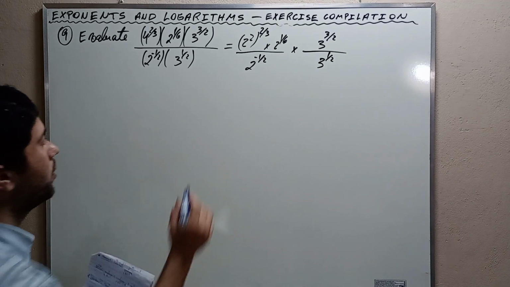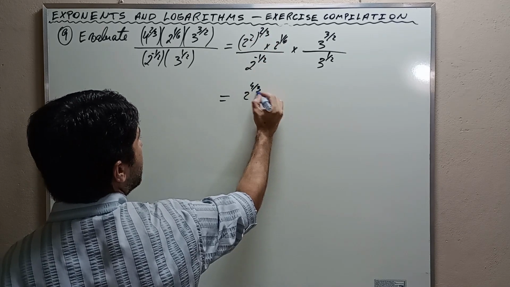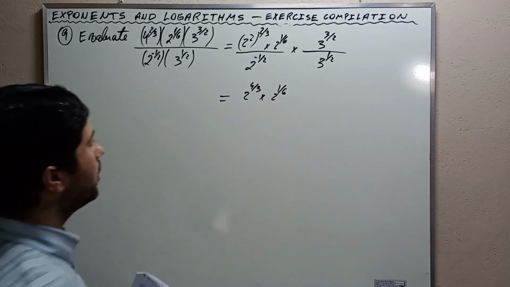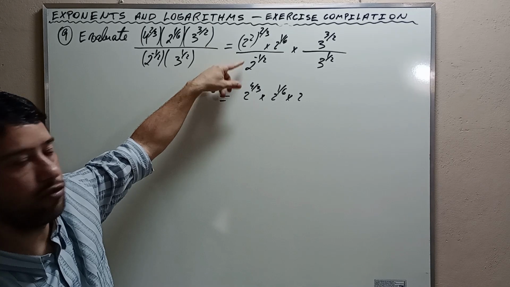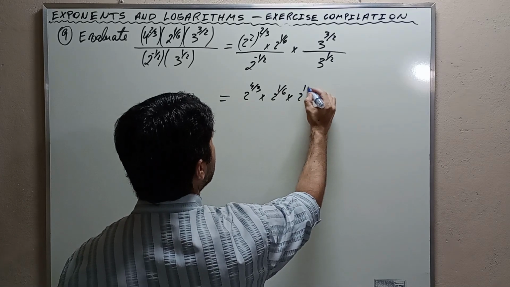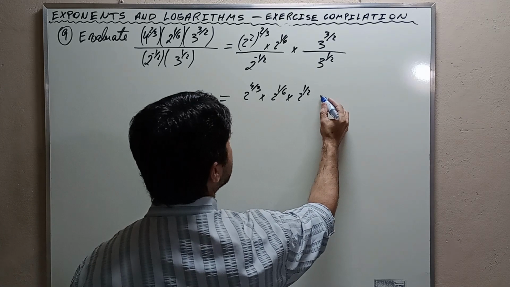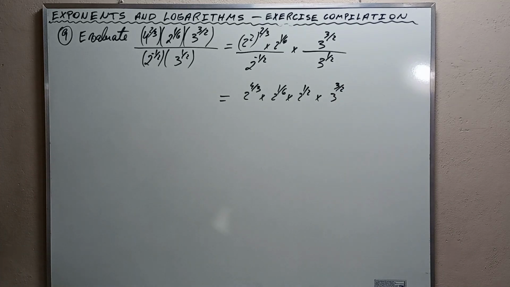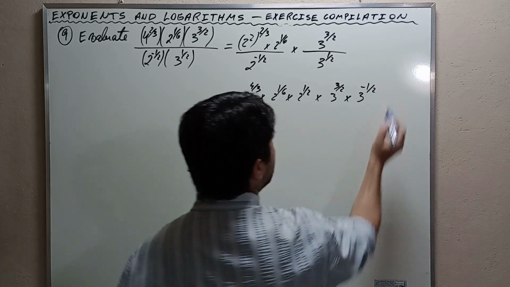Working on them separately, we find that it is 2 to the 4/3 times 2 to the 1/6 times, to convert from the denominator to the numerator, we invert the sign, 2 raised to the power of a half times 3 raised to the power of 3/2 times 3 to the negative a half.